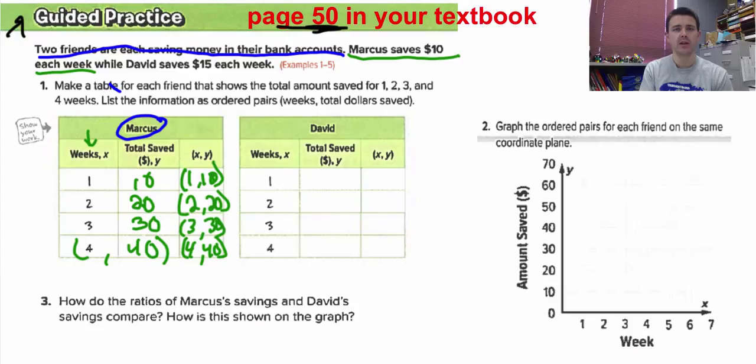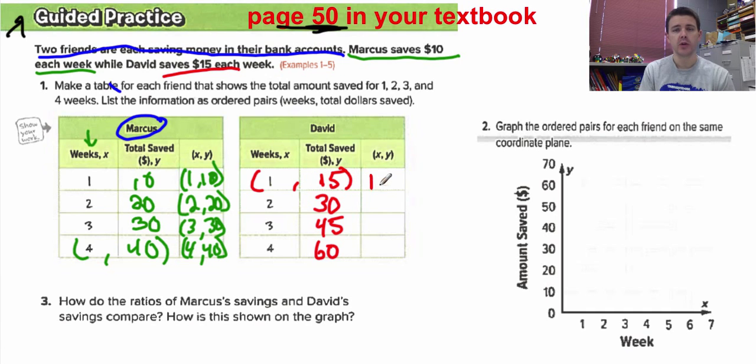Now let's do the same thing with David. David saves $15 each week. So week 1, he saved $15. Week 2, he saved another $15, so he's up to $30. Week 3, he's up to $45, and week 4, he's up to a total of $60. Again, write your x and your y as coordinates.